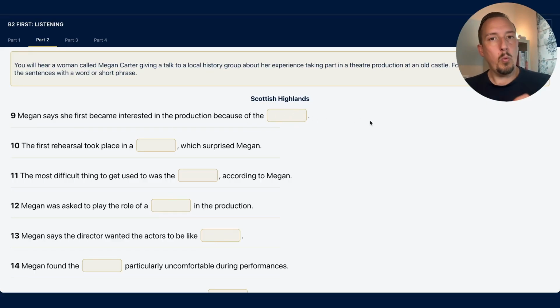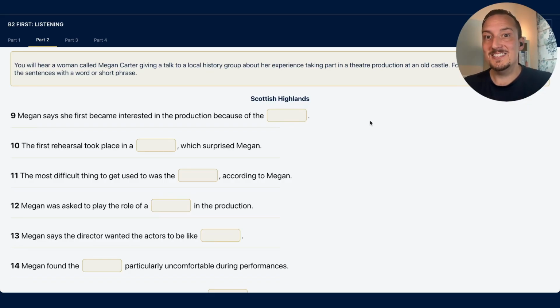You must write one word or a short phrase to complete each gap. Now, very important, the word or short phrase must be exactly as you hear it. So you write the words that you hear exactly. You don't change them. You don't paraphrase at all. Just the words that you hear. You will hear the recording twice. So let's go ahead and start listening part 2.